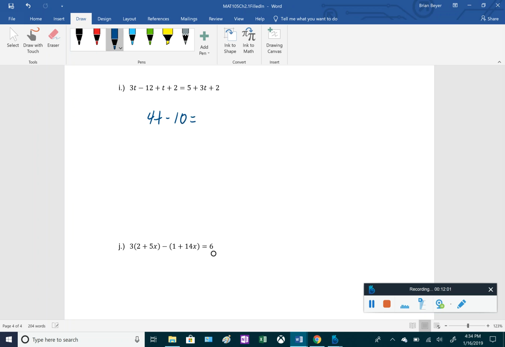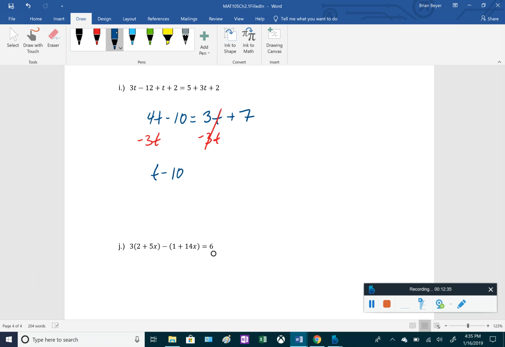And on the right-hand side, we have 5 plus 3t plus 2. Combine like terms, that's going to give us 3t. 5 plus 2 is 7. Okay, and now we need to get all the variables on one side, all the constants on the other side. So if we subtract 3t on both sides, that's going to cancel on the right-hand side. 4t minus 3t is 1t, which is just t.